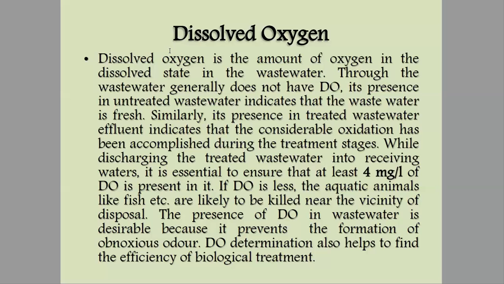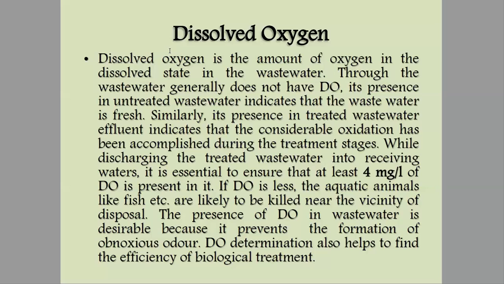We all know that aquatic life, whether it is plants or animals, that is fishes or other organisms like snails and other insects, they do require oxygen for their respiratory processes, and plants require it for their food preparation processes.